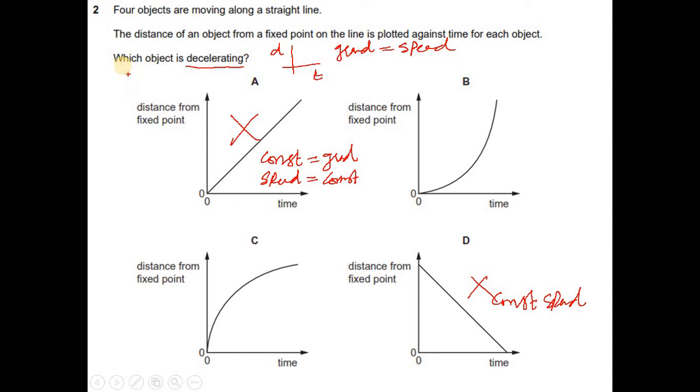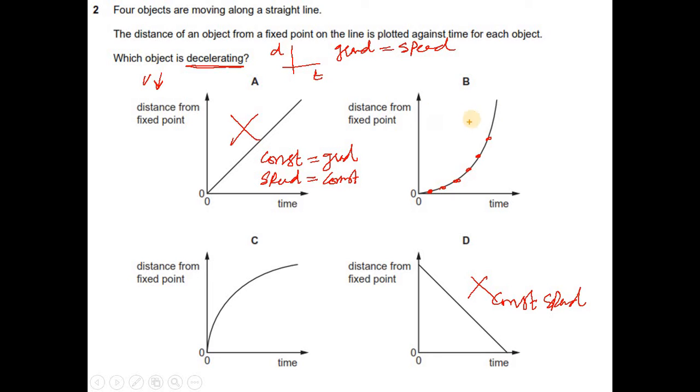They are saying that the object is decelerating, so that means velocity should be decreasing. If you see for B, as you move along the curve, the gradient of the curve is continuously increasing.